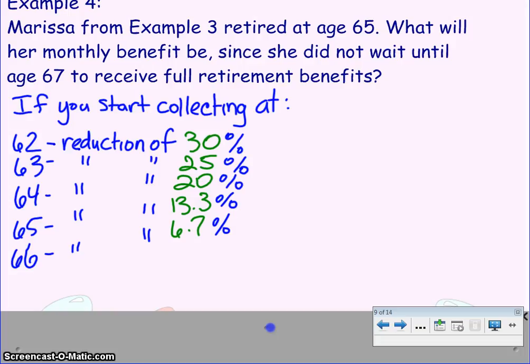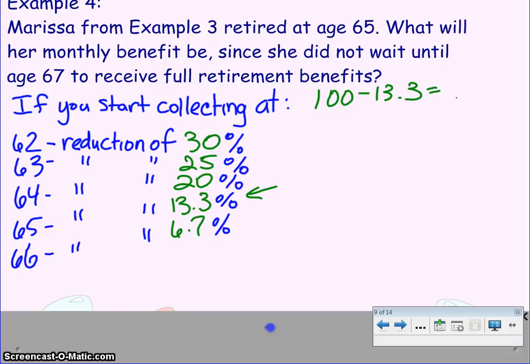So in order to find out what she's going to get, we look at her 100% of her benefits would be the full 1130.40, which we saw in example 3, minus a reduction of 13.3%.